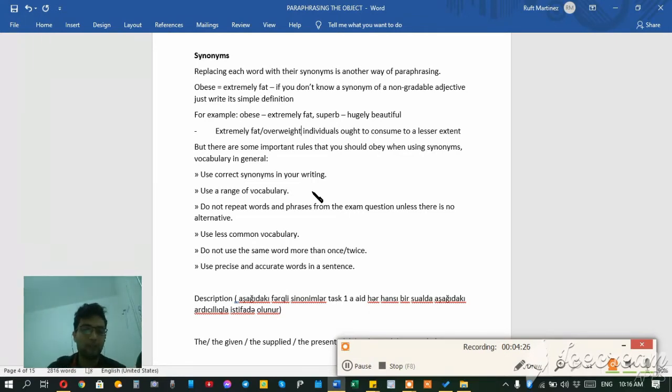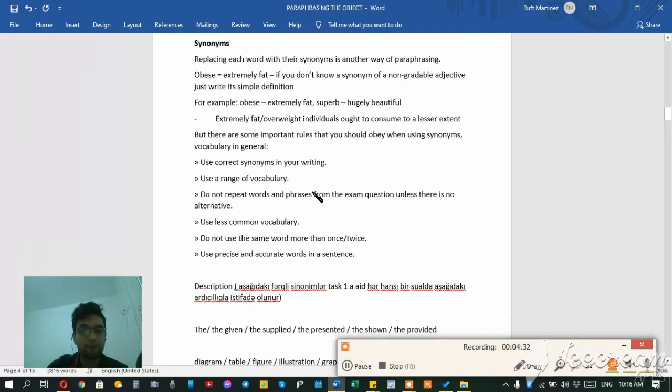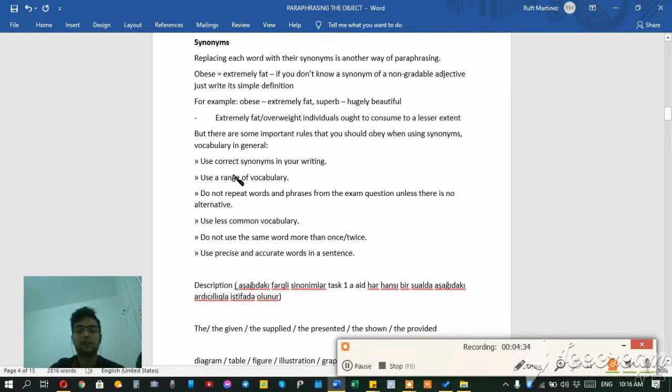But if you're not sure that it is the right synonym, then just write the definition of that word, okay? Use a range of vocabulary. As I said before, you have to have a good range of vocabulary to easily work with your paraphrasing. So we'll work on the vocabulary as well in writing task 2 and the reading section. Here also we'll learn some vocabulary.